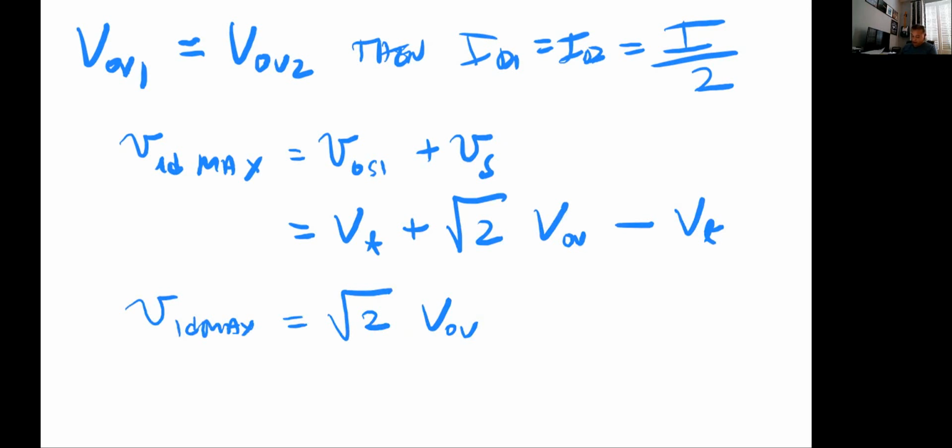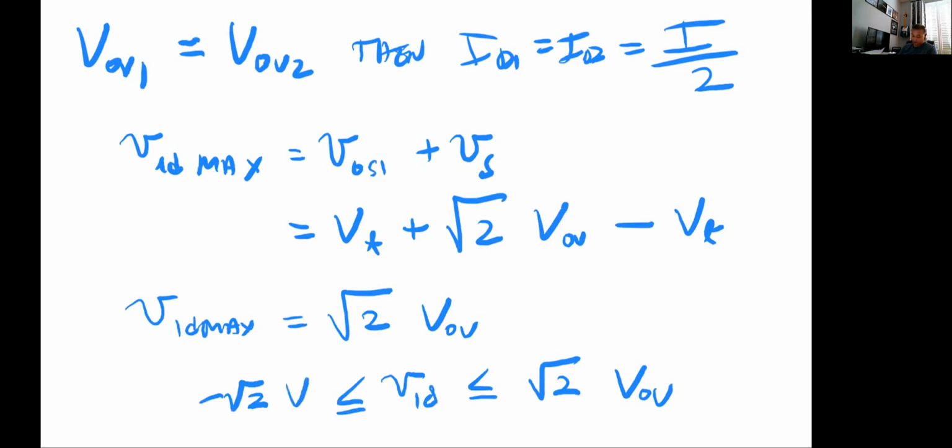So we can say that the range of the differential voltage is between plus or minus the square root of 2 times the overdrive voltage, and the overdrive voltage is, remember, is here.